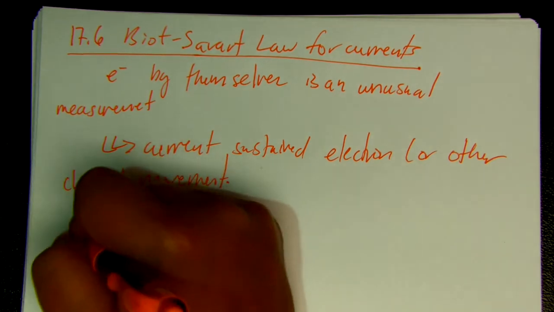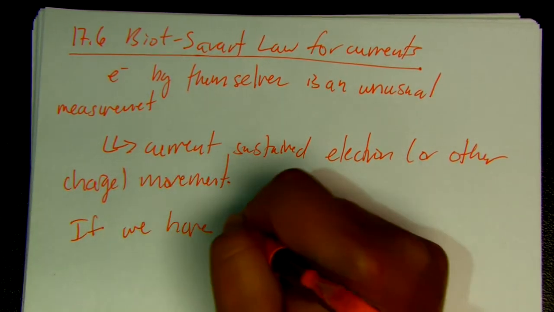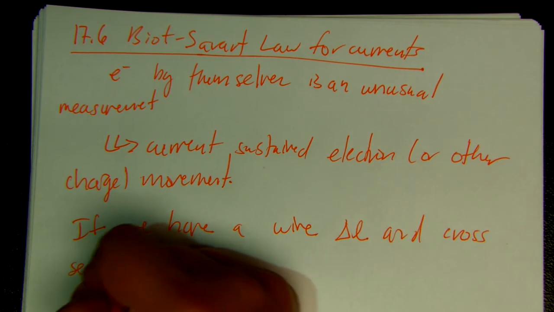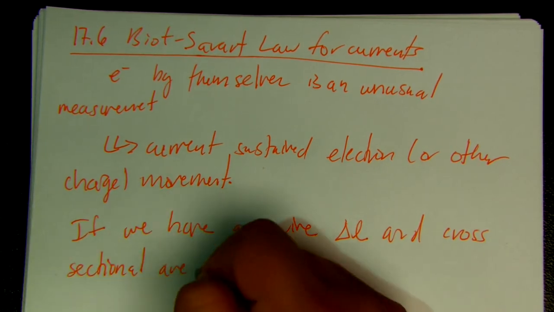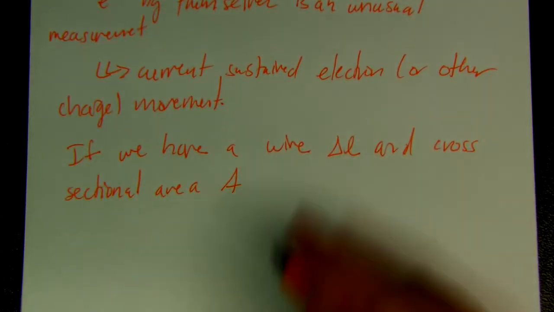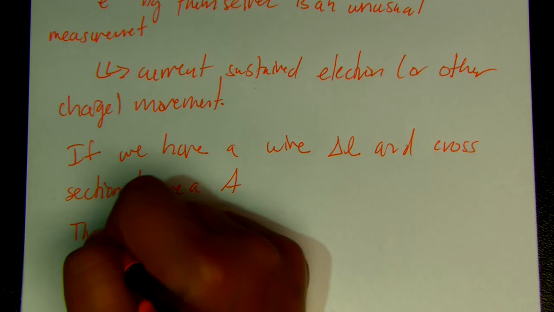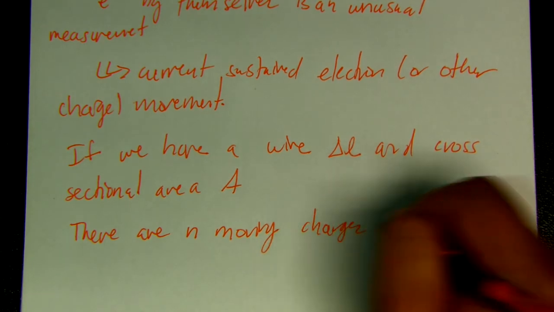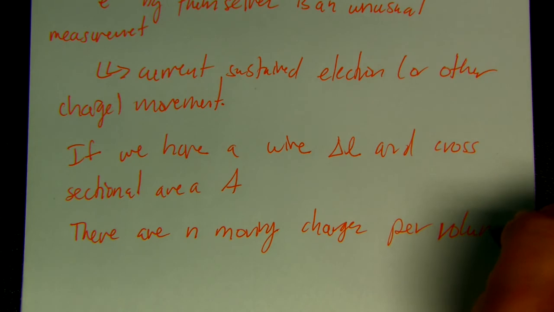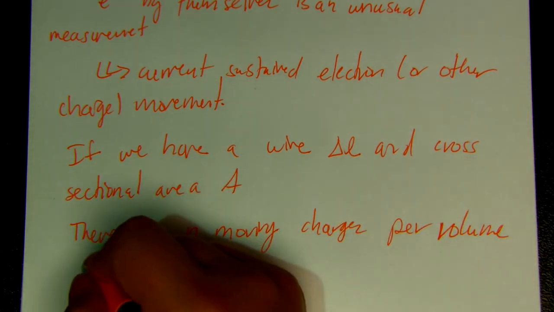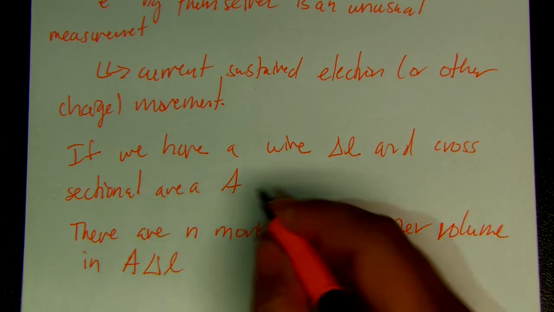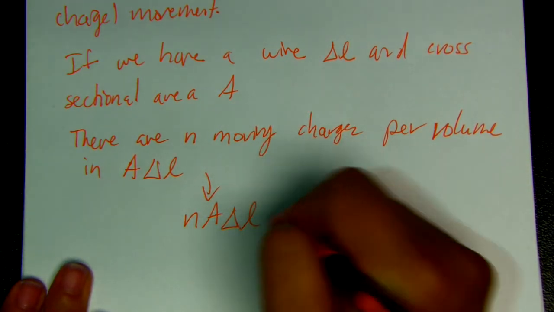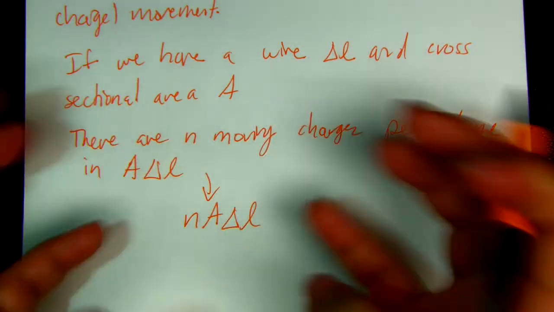So, if we have a wire, delta L, and cross-sectional area, A, so this is essentially the volume of the wire, and there are N moving charges per volume in A delta L. So we put this together and we get N A delta L. So this is the moving charges in this particular volume of wire.